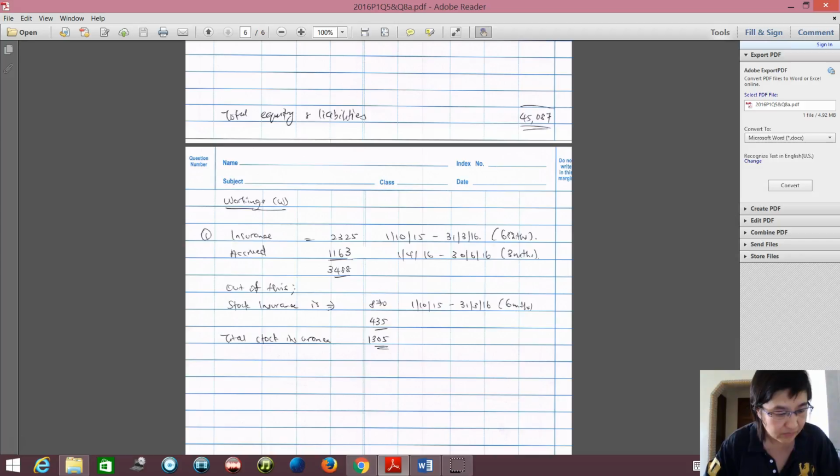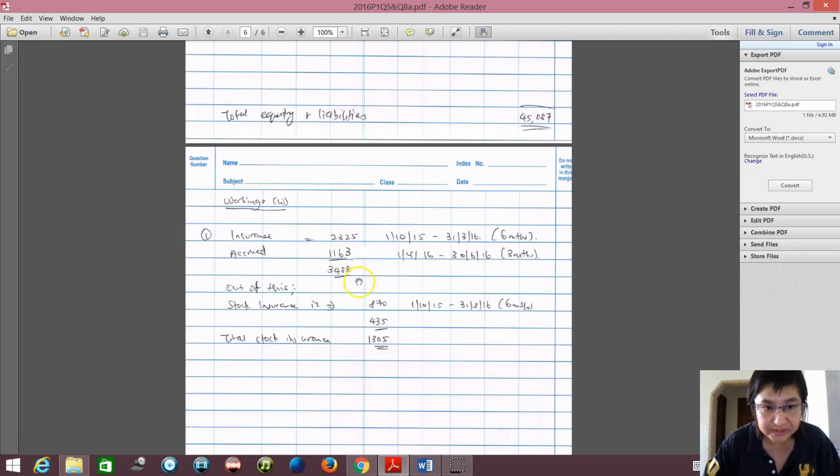But the year end is 30 June 16, so the other 3 months are not paid yet. The question says only the period of 1/10 to 31 March has been paid so far. If this is for 6 months, 3 months would be 1163. How? 2325 divided by 2, rounded up to 1163. So this is my total insurance.